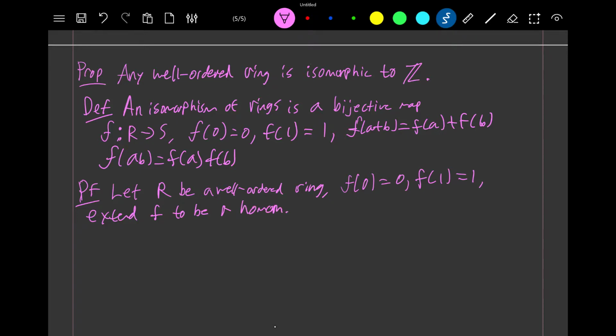So a homomorphism, it's the exact same thing, but we no longer require it to be bijective. Then I claim this is an isomorphism. Oh, and I guess I should also say f of -1 is equal to -1.